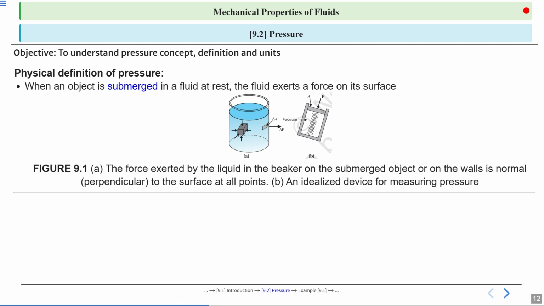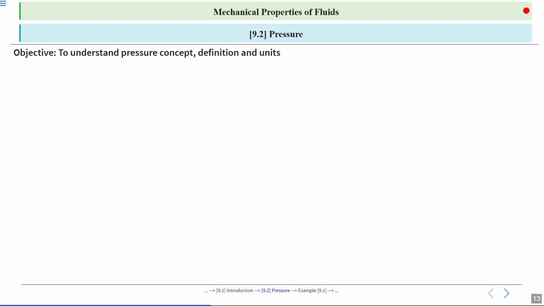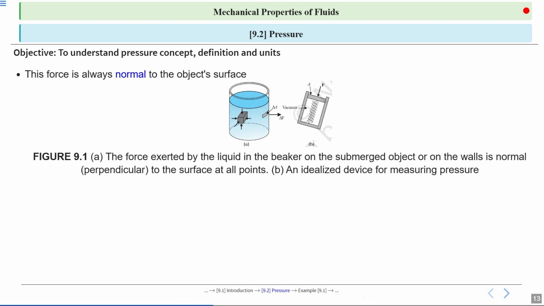Now, let's start by looking at how force is applied in fluids. Notice that the force exerted by fluid is always normal or perpendicular to the surface of an object. This is crucial because it means the force is directed straight out from the surface, as shown in figure 9.1a. This perpendicular force is what we measure as pressure.